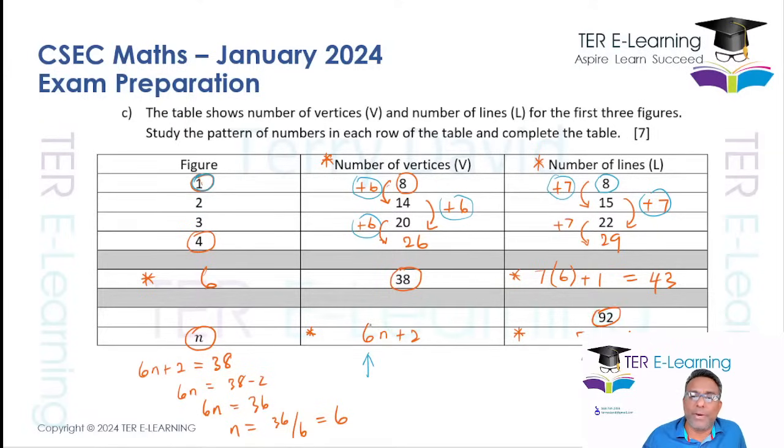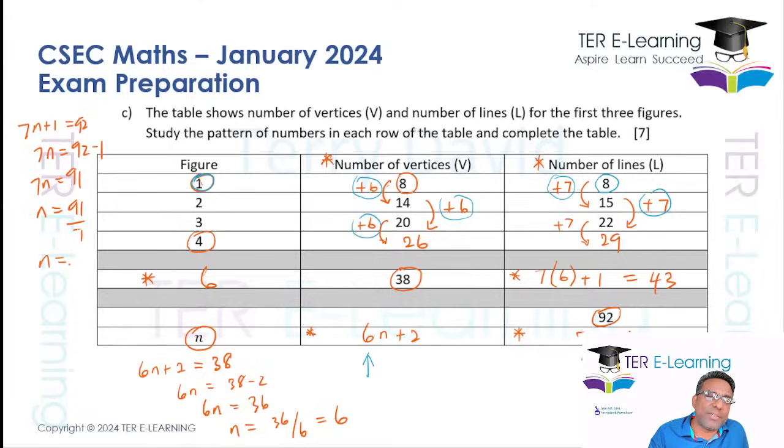So all we're going to do to figure this out, let me just do this quickly. You're going to put 7n plus 1 is equal to 92. So 7n is 92 minus 1, so 7n is equal to 91, so n is equal to 91 over 7.